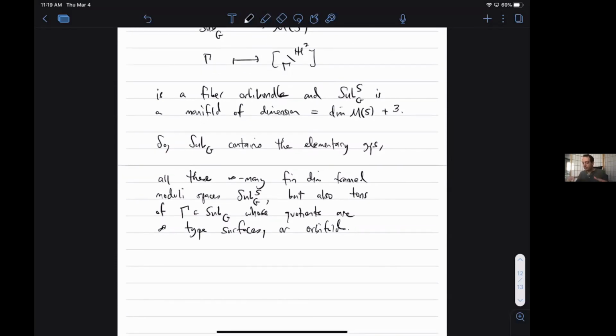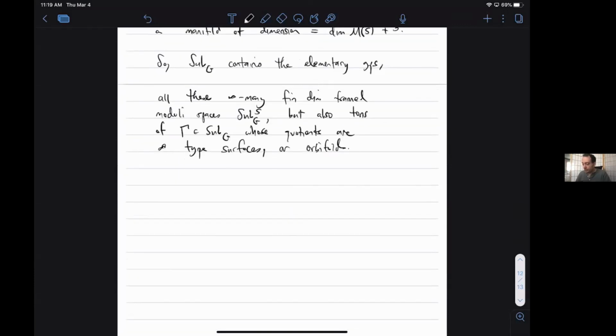So these easily understood elementary groups, the finite dimensional framed moduli spaces, and then this huge zoo of groups where the quotients are infinite type.